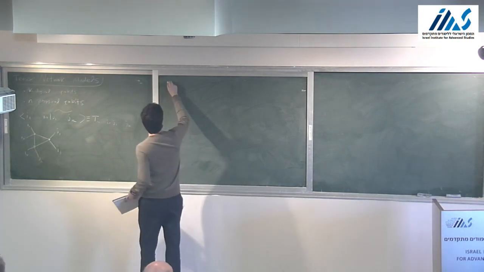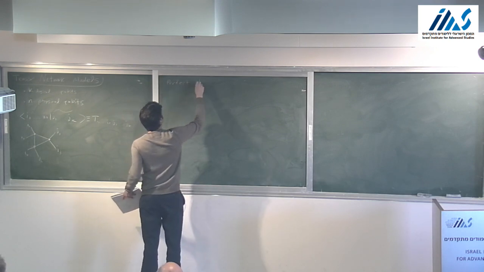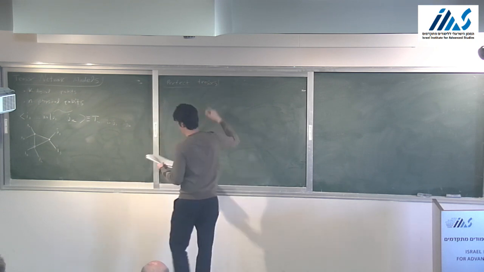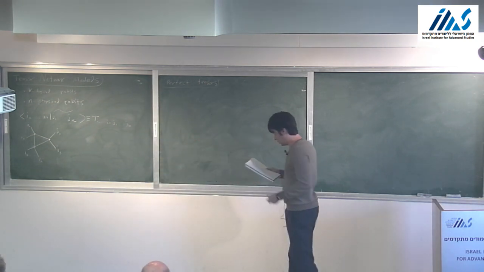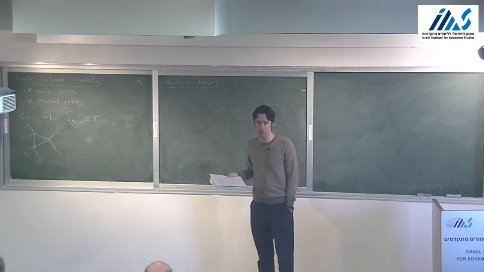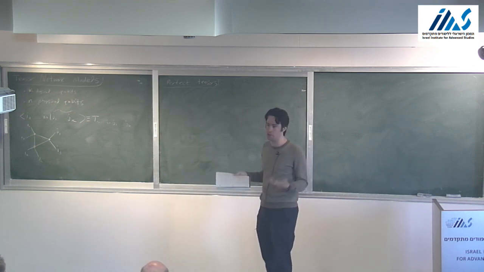So my component tensors are going to be what are called perfect tensors. So a perfect tensor is a tensor with an even number of indices, each of which has the same range. So for us, it's going to be qubits.